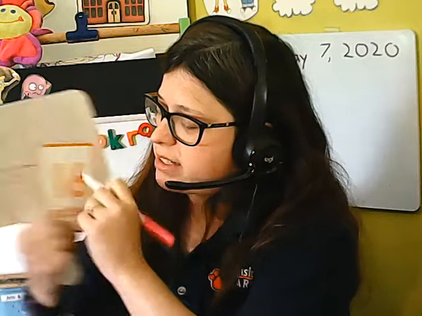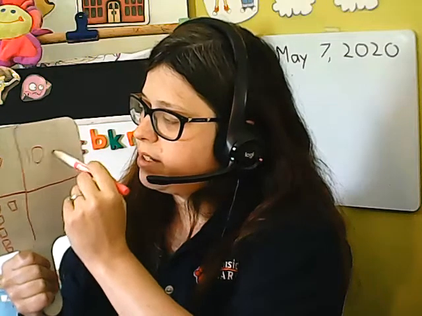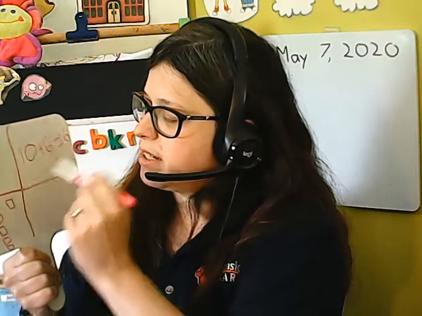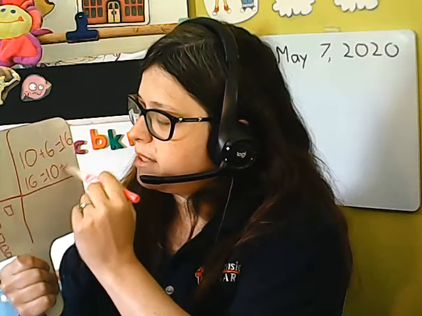That would be 1 ten and 6 ones. 1, 2, 3, 4, 5, 6. 16 is 1 ten plus 6 ones equals 16, or 16 equals 1 ten plus 6 ones.